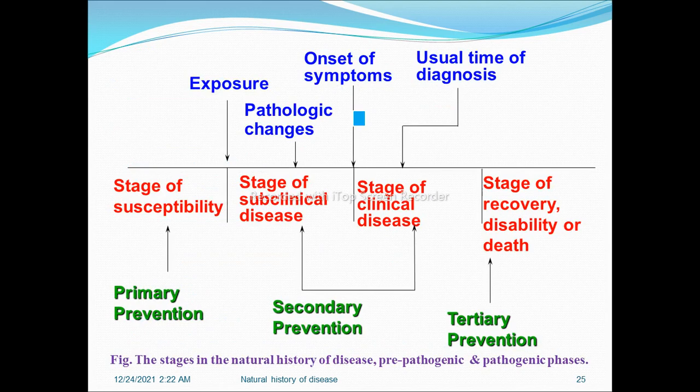So this is the natural history of disease. At this stage, primary prevention will be done. In the case of subclinical disease and the stage of clinical disease, secondary prevention is done. But in the case of the stage of recovery, disability, and sometimes the later stage of clinical disease, tertiary prevention will be done.